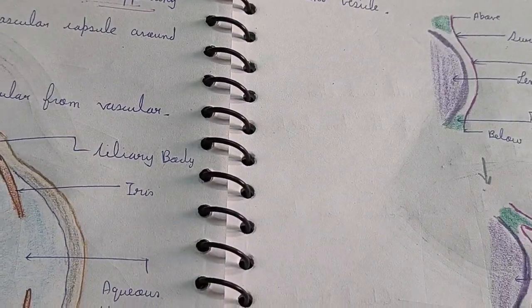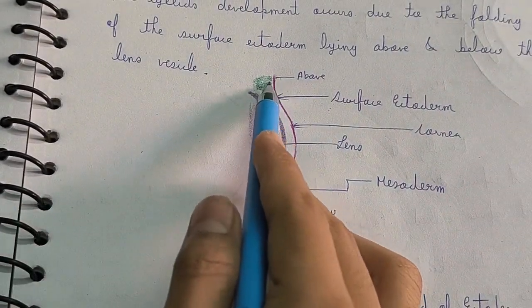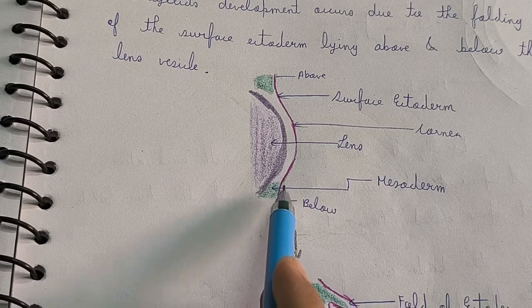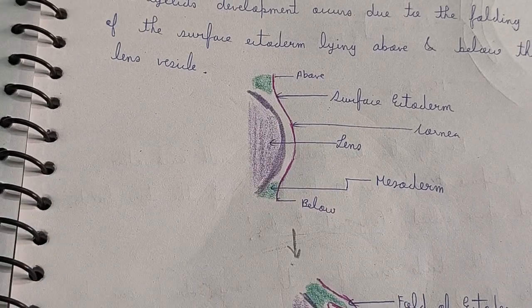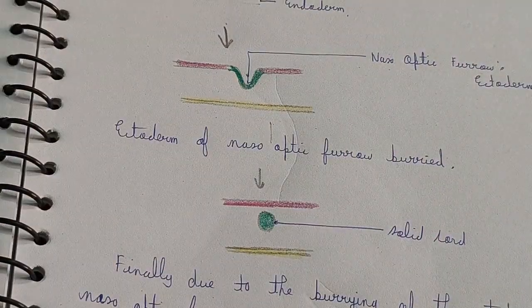Second point: eyelids are formed from the surface ectoderm lying above and below the cornea, so eyelids are ectodermal in origin.